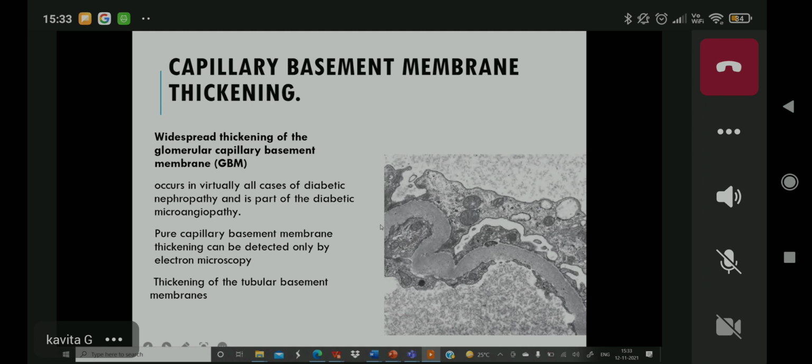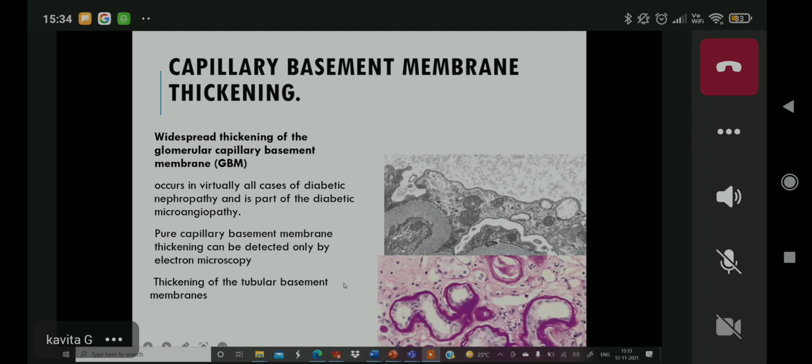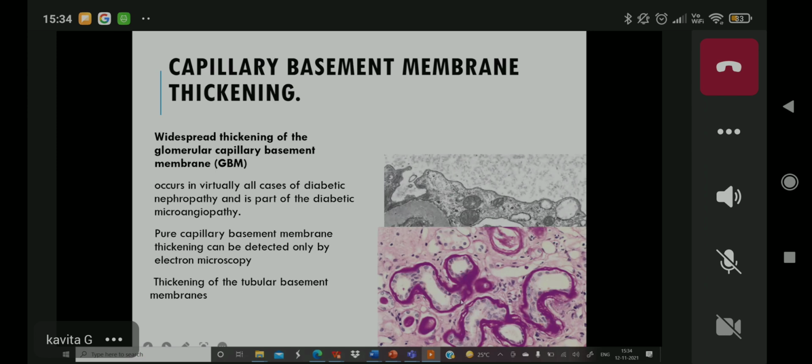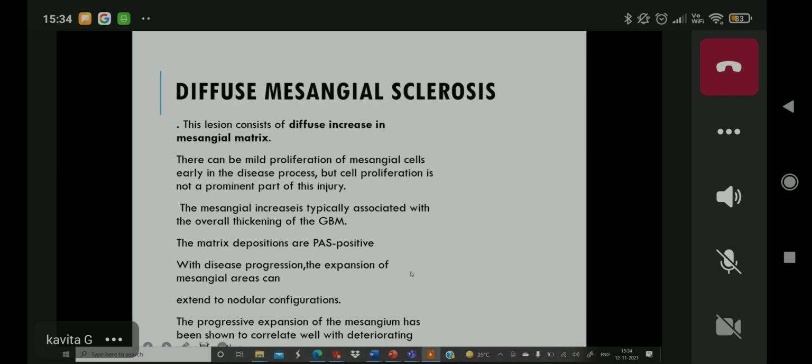So the capillary basal membrane has been thickened over here. So there's widespread thickening of the GBM, widespread thickening of the tubular basal membrane, which is highlighted on PAS stain, because otherwise you won't be able to tell. Third thing is diffuse mesangial sclerosis, diffuse increase in the mesangial matrix, which again is PAS positive.